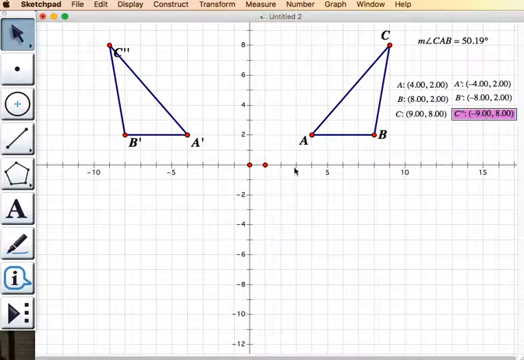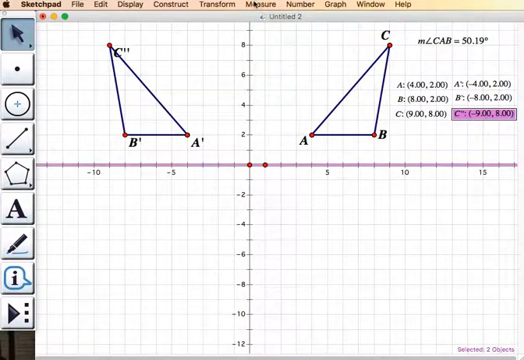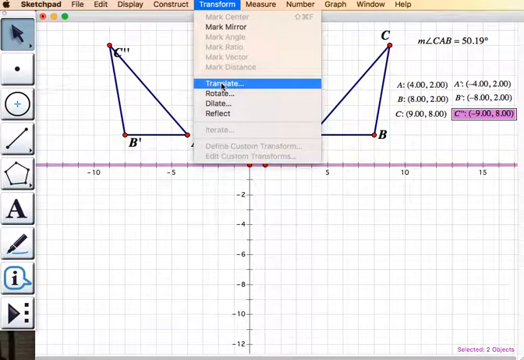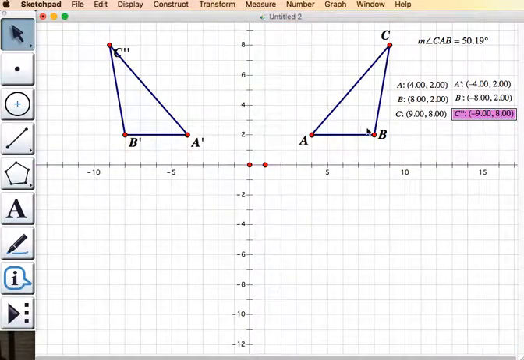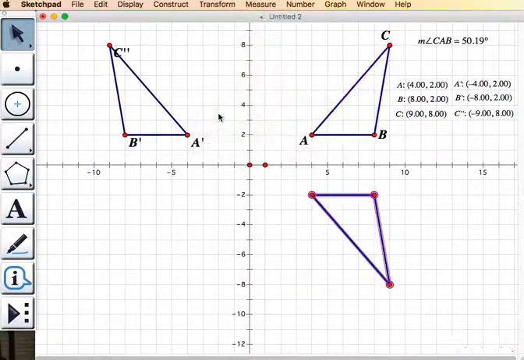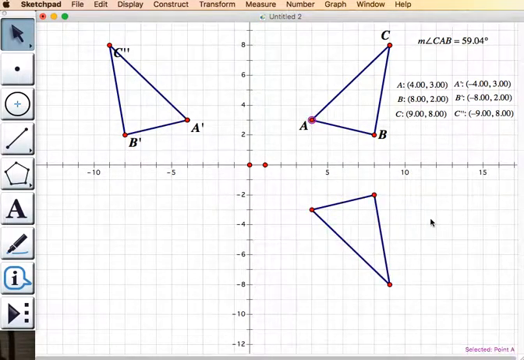Now we can do the same thing with going across the x-axis. So if we make the x-axis a mirror, and then grab all these points and lines of this triangle, we'll tell it to reflect that way. And now we have the triangle down there.